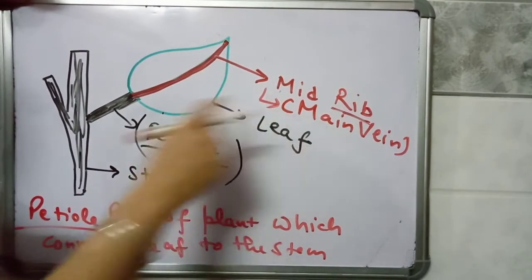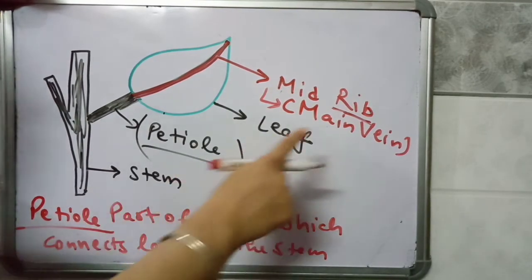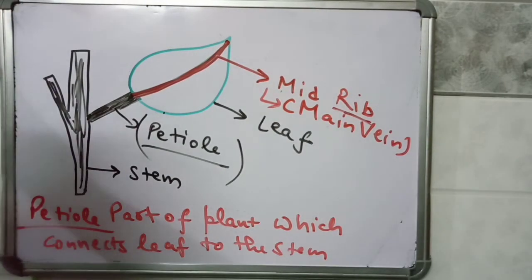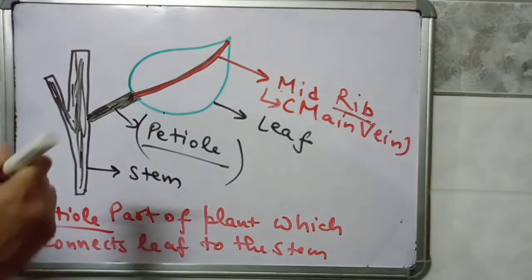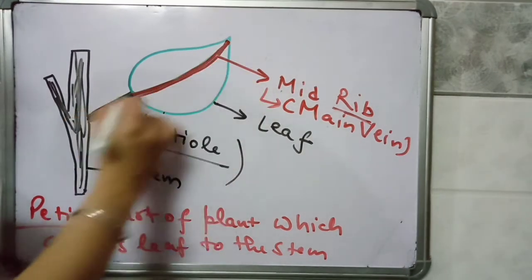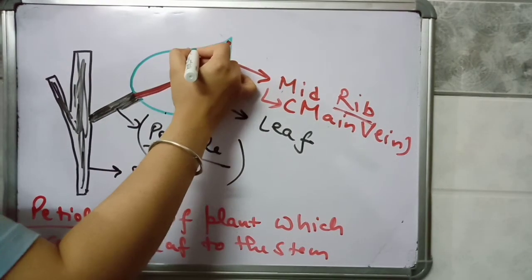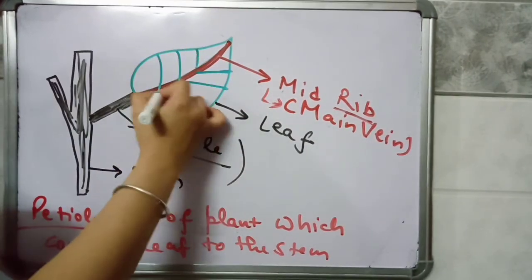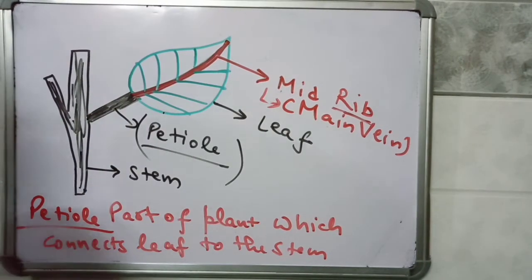What is the purpose of this midrib or main vein? It provides support to the leaf and protects the leaf. From this midrib or central line, various small veins arise.